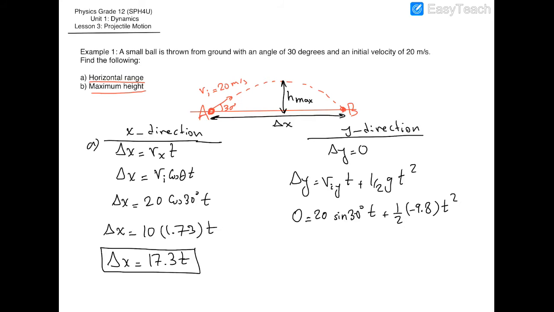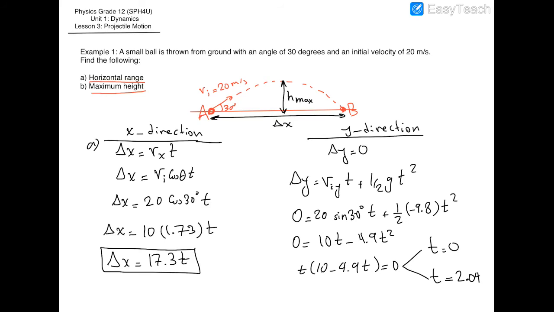So I can solve for t here. Factor out the t, so it's going to be t times (10 minus 4.9 t) equals 0. It will give me two values for t. One of them is 0, which is not wrong because it's technically the starting point, and then the other one, which I'm going to use, if you do it with your calculator, should be 2.04 seconds. That's the time.